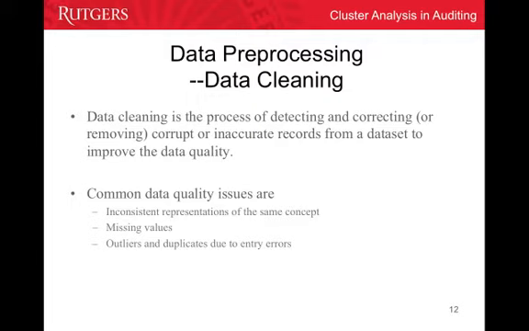Common data quality issues in all kinds of raw data include inconsistent representations of the same concept, missing values, outliers, and duplicates due to entry errors. There are some errors that you can identify very obviously, as the errors are not fraud.